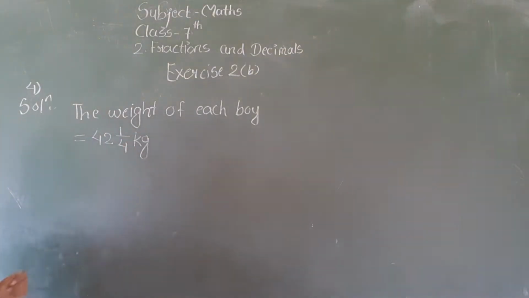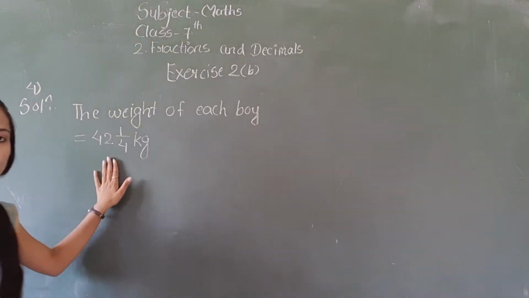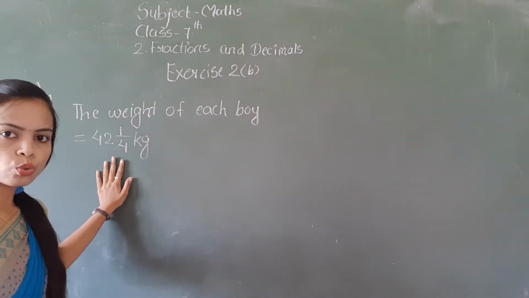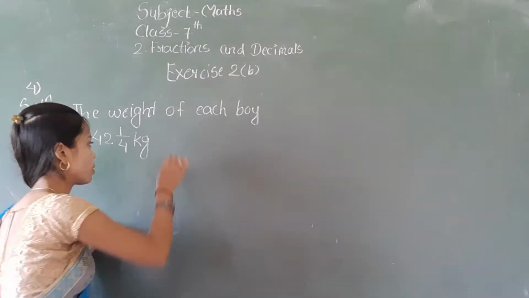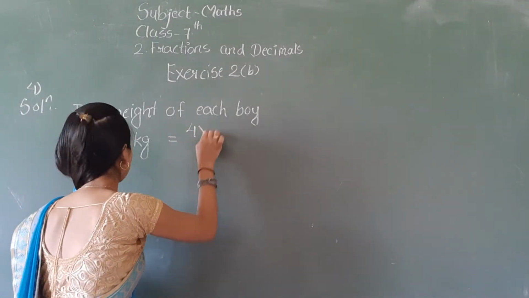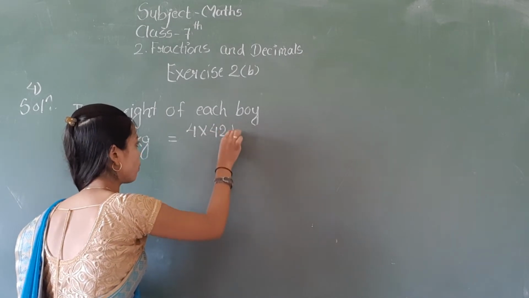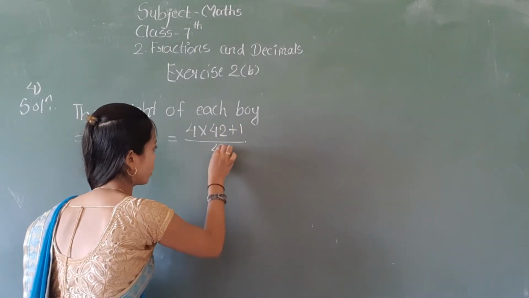Now first convert this mixed fraction into an improper fraction. सबसे पहले आप इस mixed fraction को improper fraction में convert करोगे. So if you convert this mixed fraction into an improper fraction, what will be your answer? Your answer is 4 into 42 plus 1 upon 4 kg.